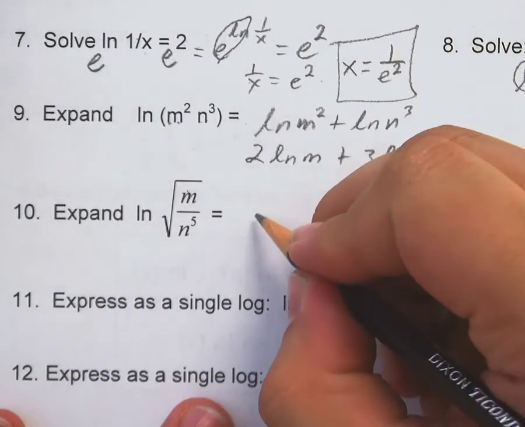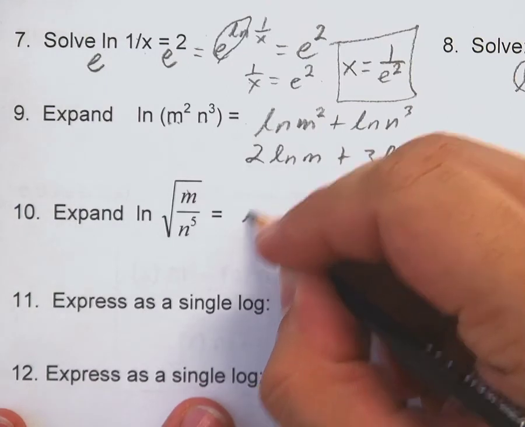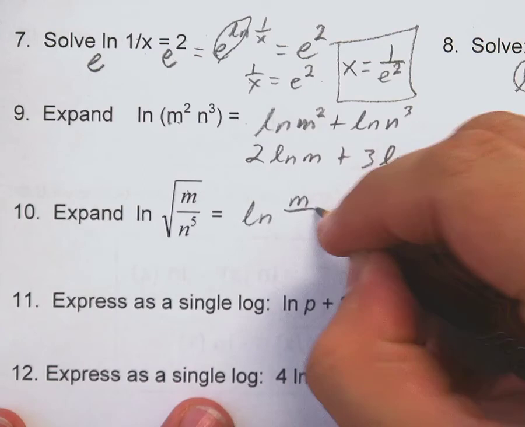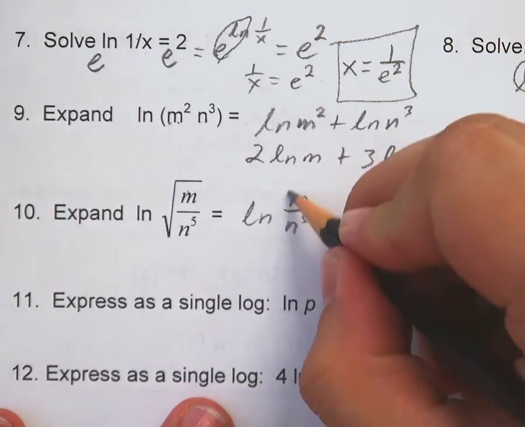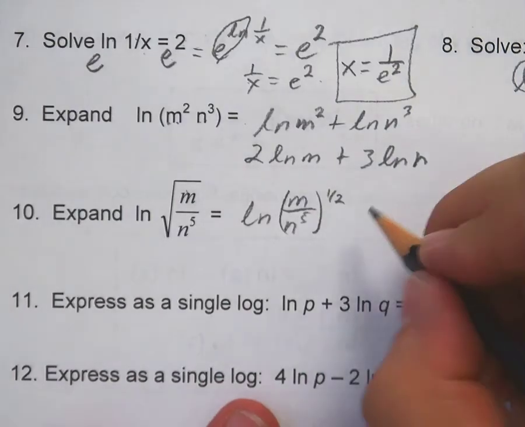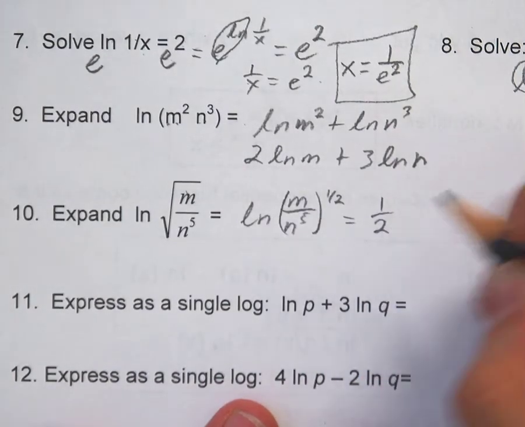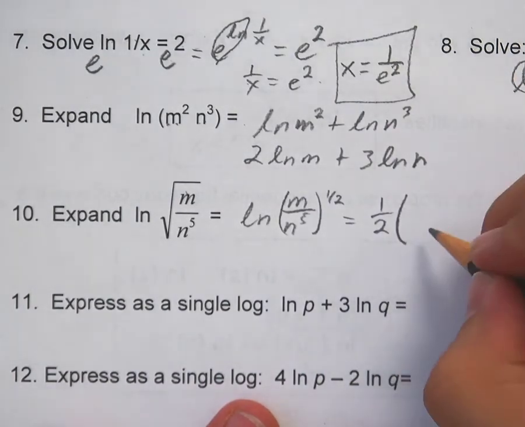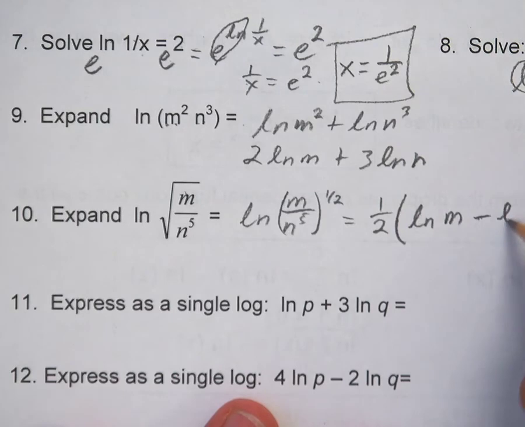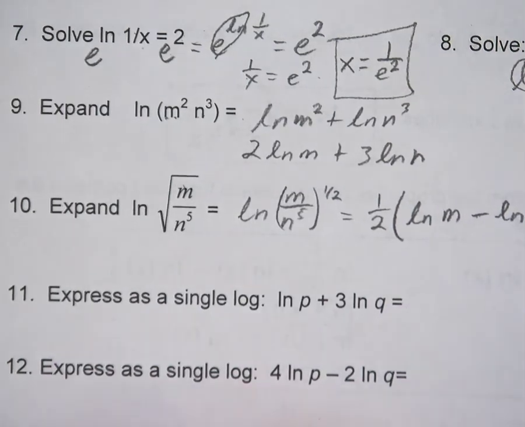Expand this. This is ln of m over n to the 5 to the 1/2 power. So I can take that as 1/2 times the natural log of m minus the natural log of n to the 5.